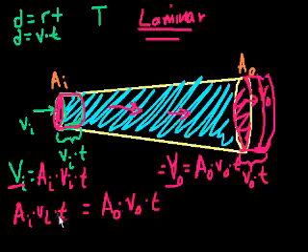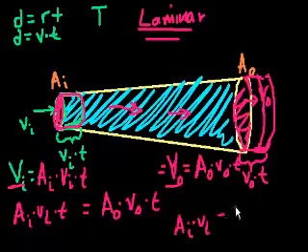And if we want, it's the same time on both sides of this equation. So we could say that the input area times the input velocity is equal to the output area times the output velocity. And in fluid motion, this is called the equation of continuity, and it leads to some interesting things. We'll do some problems with it in a second.